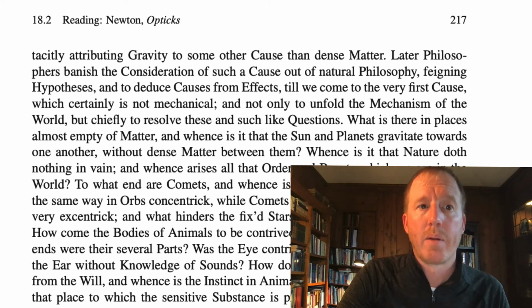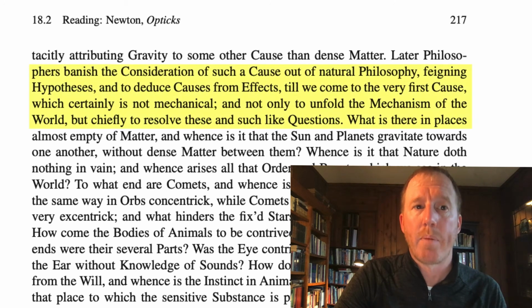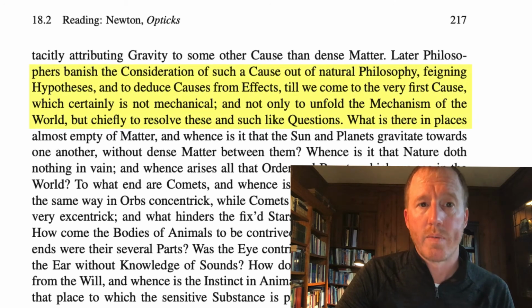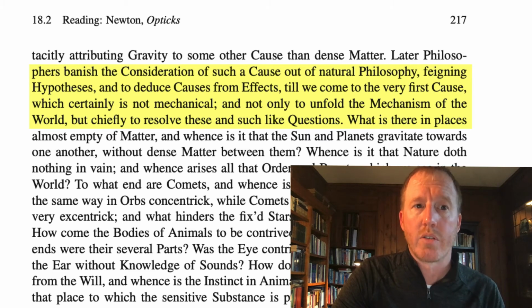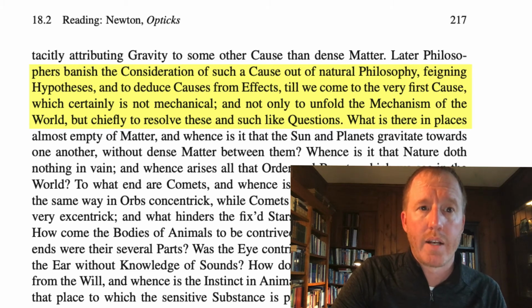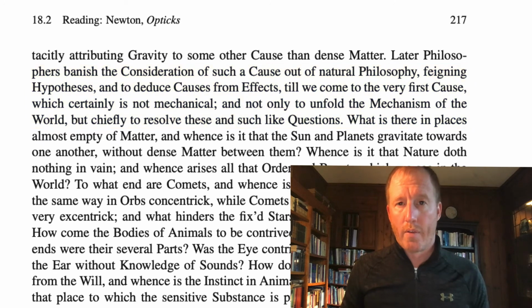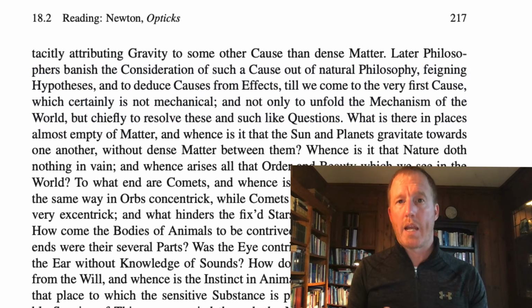He says scientists come up with or feign hypotheses to deduce cause from effect until we come to the very first cause, which certainly is not mechanical, and not only to unfold the mechanism of the world, but chiefly to resolve these and such like questions. So if one asks, why do things behave the way they do?